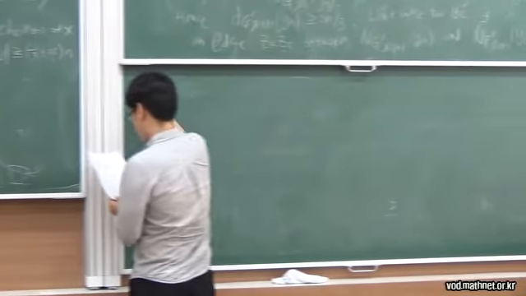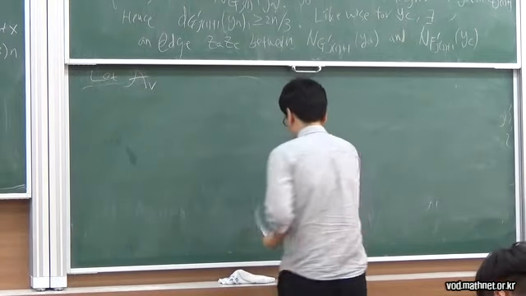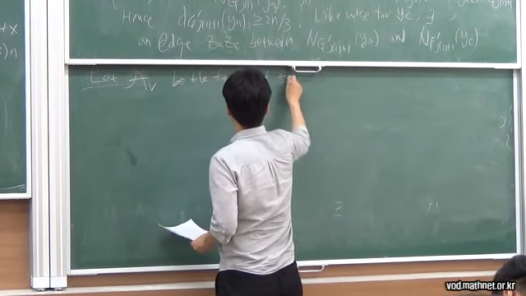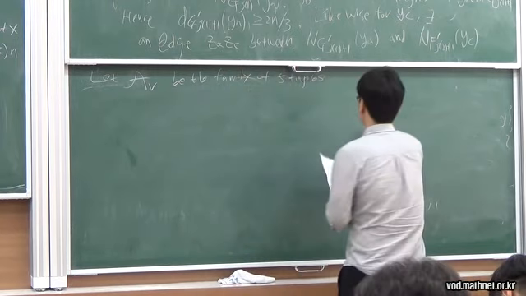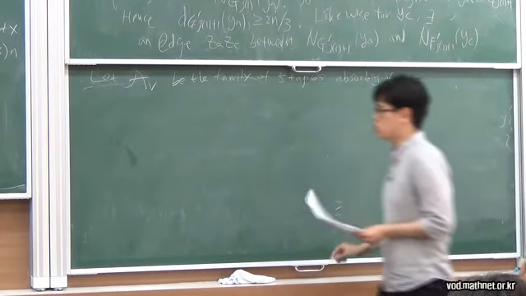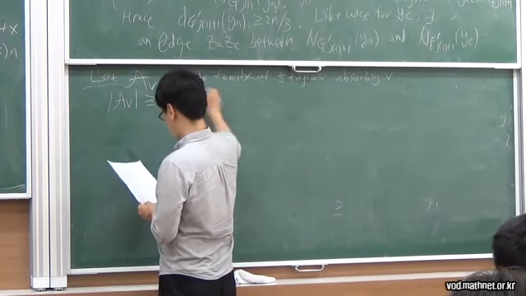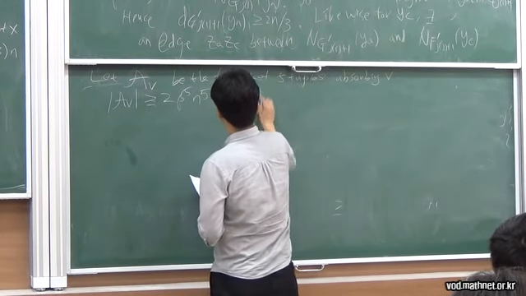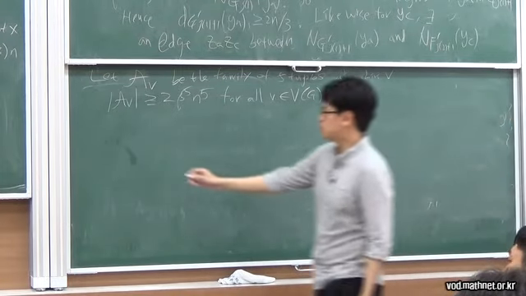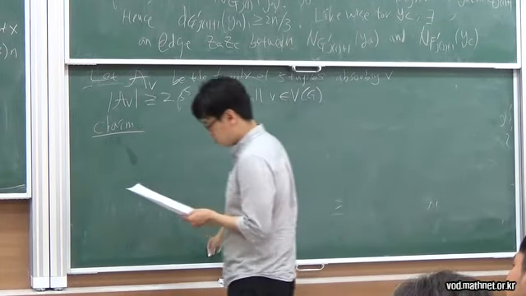Let curly A sub B be the family of 5 tuples which observes B. Then what we showed is that it has size at least 2 times beta to the 5 times n to the 5 for all vertices B. Then, as I mentioned before, we want to take a collection of 5 tuples.